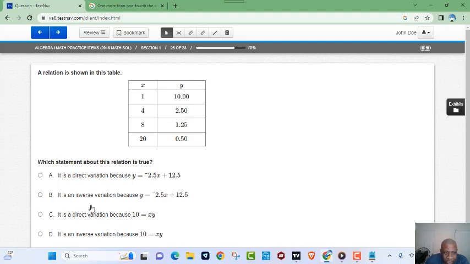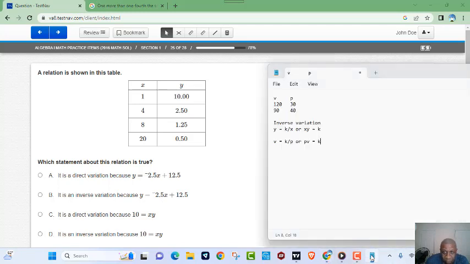So it's got to be either B or D because they both say inverse. It can't be direct, it's inverse. And then it can't be B. Why can it not be B? Remember when I mentioned that inverse variation is either y equals k over x or xy equals k. Here's an xy equals k, or k of 10.